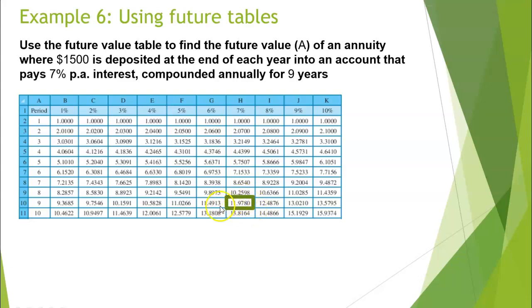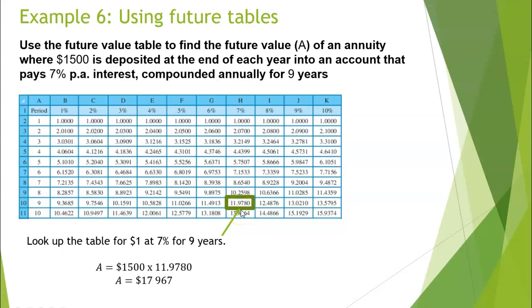So there is my multiplying factor for 7% for 9 years. So I look up the table for $1. I have $1,500, so I multiply my $1,500 by the multiplying factor, and I get $17,967 is the future value of my investment.